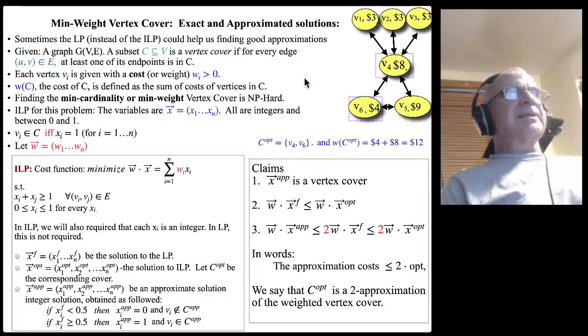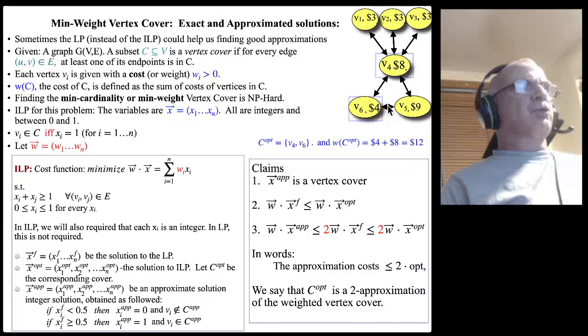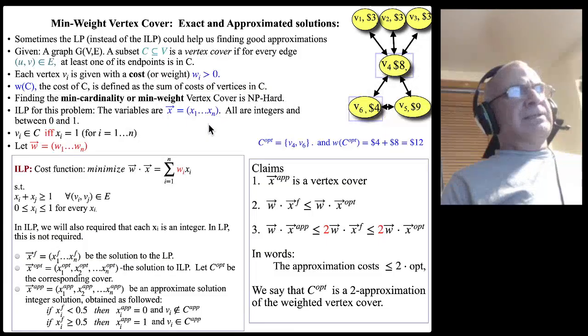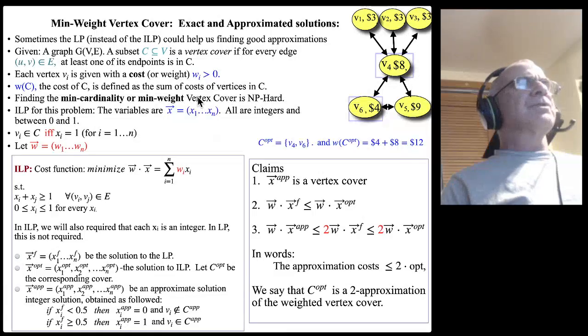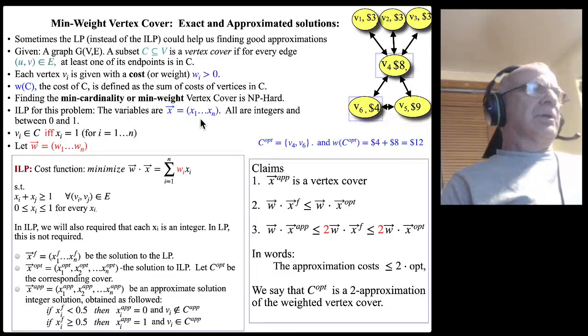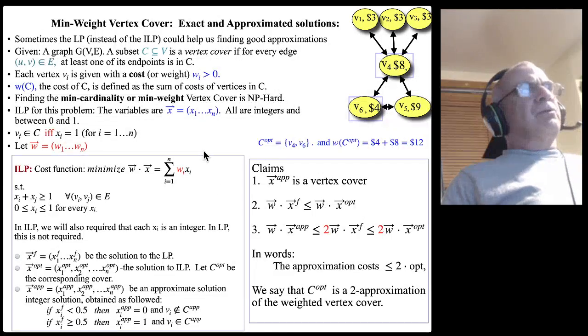We did see that the same type of argument gave us a factor 2 approximation using the linear programming. We then saw that the solution via the linear programming can be extended to the weighted case, and that was pretty cool.